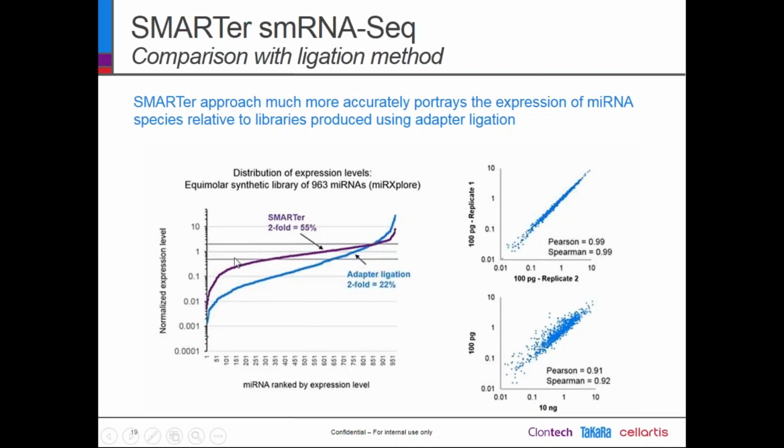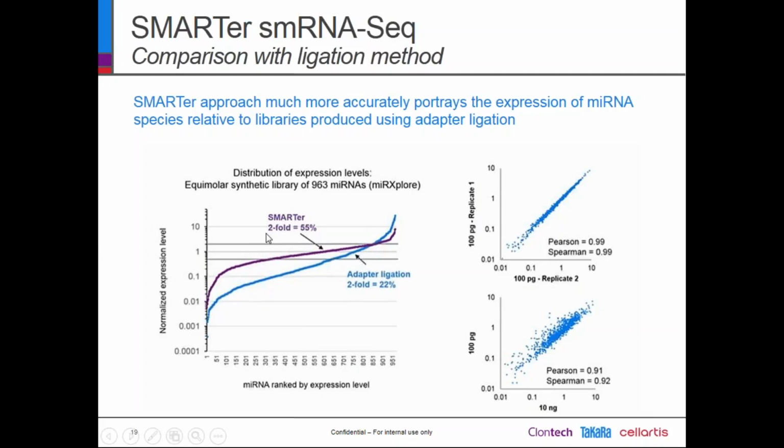So we should have just a line around 1, just like here, a horizontal line at 1. But in reality, what we observe is that not all microRNAs will be found at the same expected concentration. And what we see here when using the adapter ligation method is that only 22% of these microRNAs will fall within this twofold cutoff of the expected expression level.